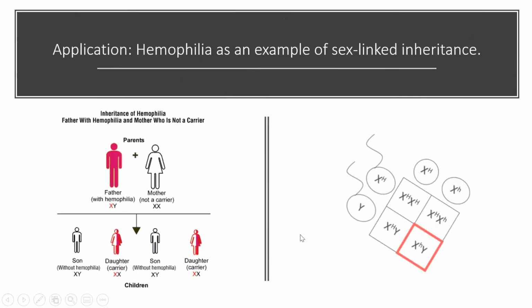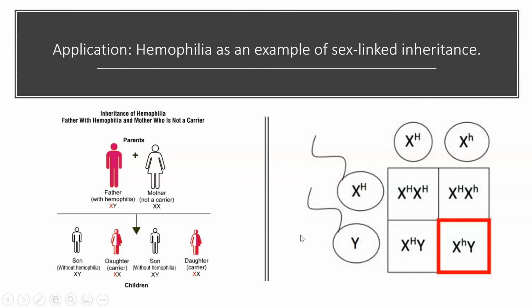Okay, haemophilia. It's a sex-linked disease. You would have studied this in year 10. You've got your parents, a father with haemophilia and a mother who's not a carrier. Remember, daughters can be carriers. If you had a mother that was a carrier and a father with haemophilia, you could potentially get daughters with haemophilia.